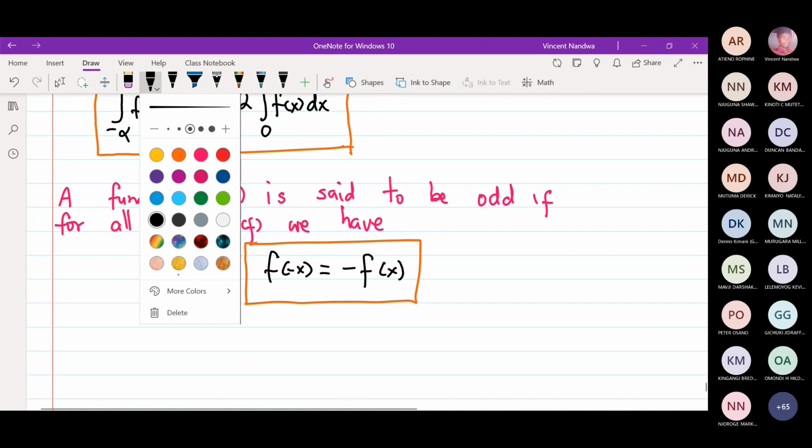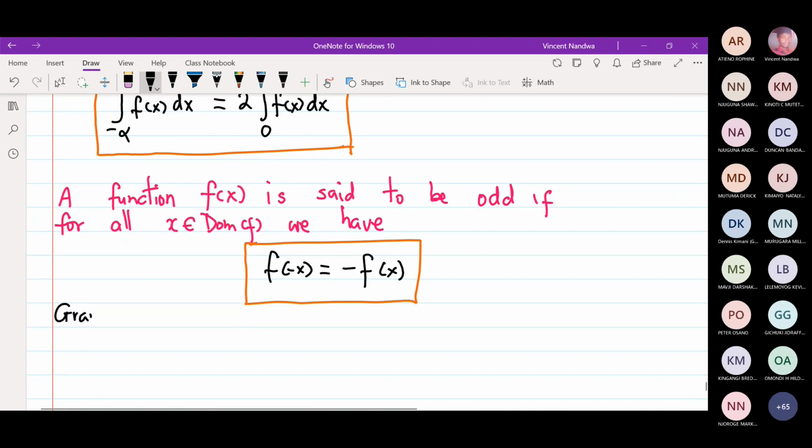Graphically, an odd function will be symmetric about the origin.